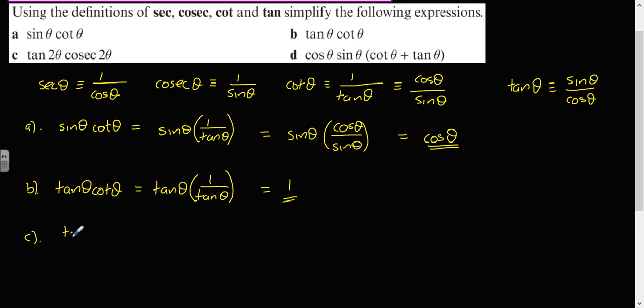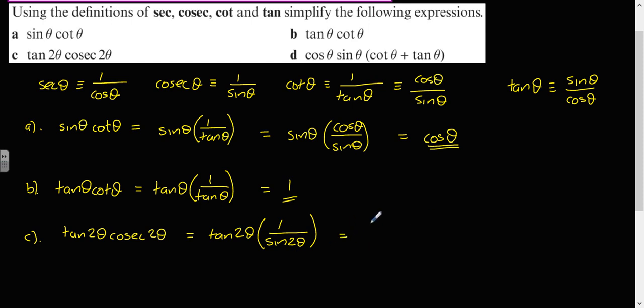For C, we've got tan 2 theta multiplied by cosec 2 theta. So let's switch out anything that we can. Firstly, tan 2 theta, then multiplied by 1 over sine 2 theta. The 2 thetas aren't causing us a problem. We're just thinking of 2 theta almost like another variable, x, and applying our identities as we can. Now tan and sine, we have the same problem as before.